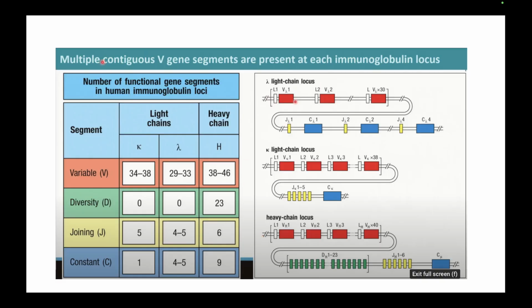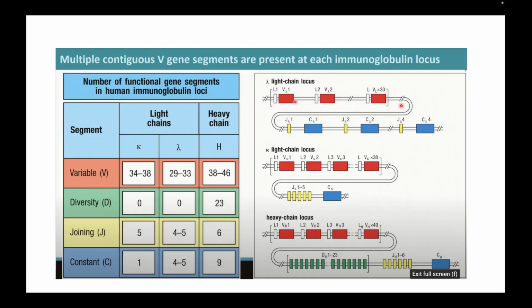Here you can see multiple contiguous V segments are present at each immunoglobulin locus. This is for the kappa light chains. There is this kind of arrangement: V kappa 1, then kappa 2, 3, 4, and there are about 30 such variable regions.